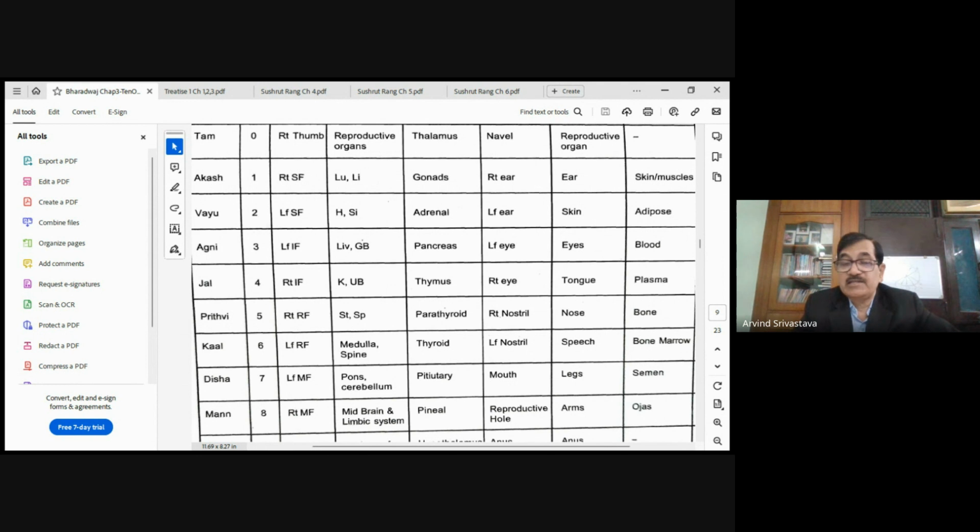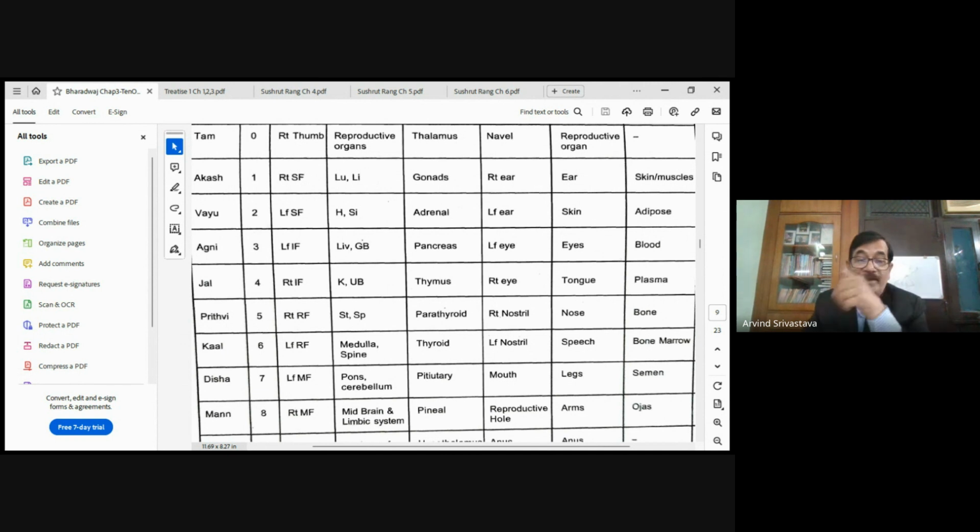So medulla is the lowest point of our brain stem, just on the back of your head. It has been plotted on the cuff joint of finger number 6, and the spine has been plotted on the upper joint, the what joint of finger number 6.